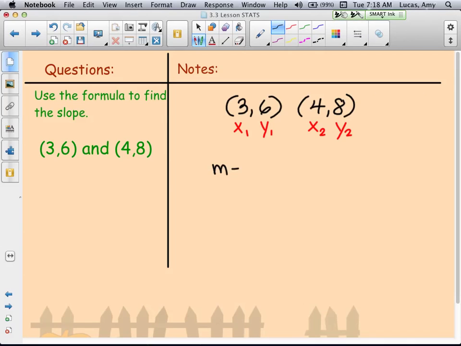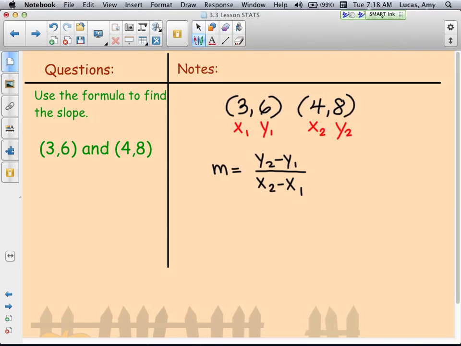Now, I just need to plug it in. So y2 minus y1 and x2 minus x1. So my second y-coordinate is 8 minus my first y-coordinate is 6.